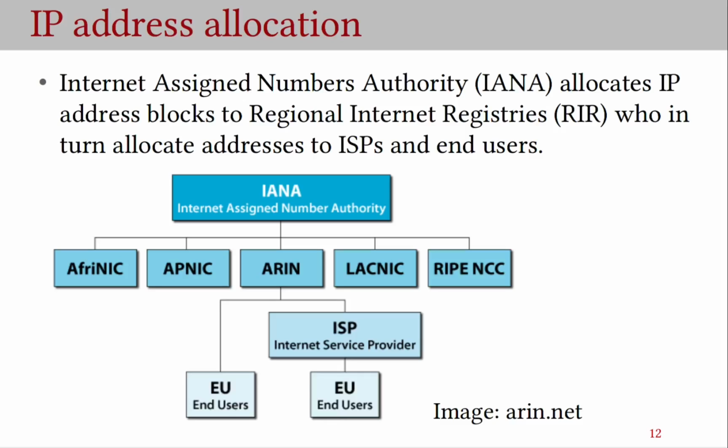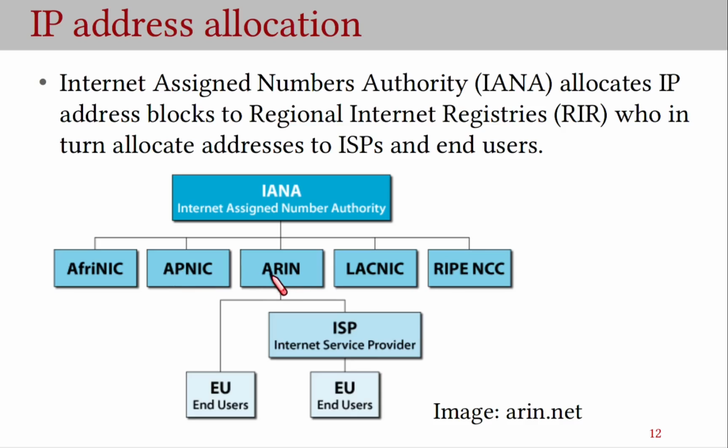The Internet Assigned Numbers Authority, or IANA, allocates IP address blocks to what are called regional internet registries, and these entities handle IP address allocation to different geographical areas. AFRINIC is for Africa. Asia Pacific, meaning India and Southeast Asia, is handled by APNIC.